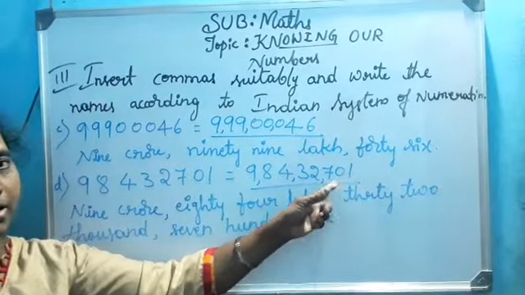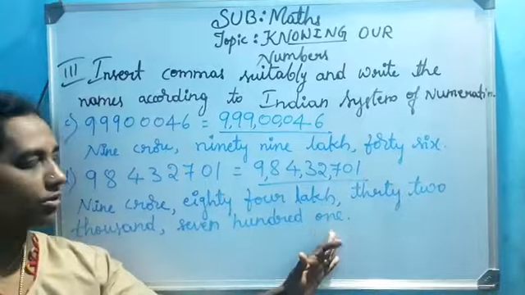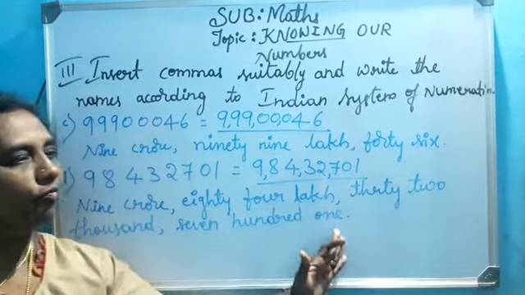There is no number in the tens place, so we write hundred after the unit. So 701.